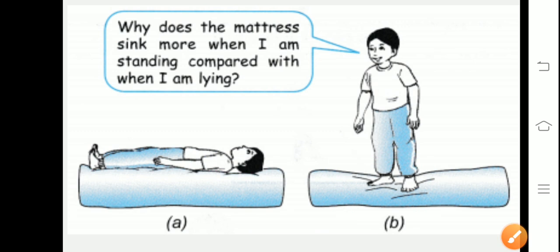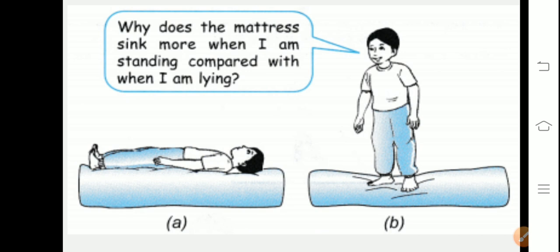And before that, you have to do one activity. Take a pen with a sharp edge and just try to push your arm. How do you feel? Definitely you feel it hurts.